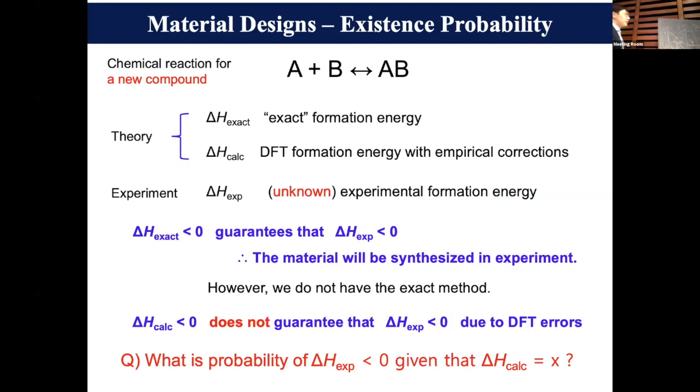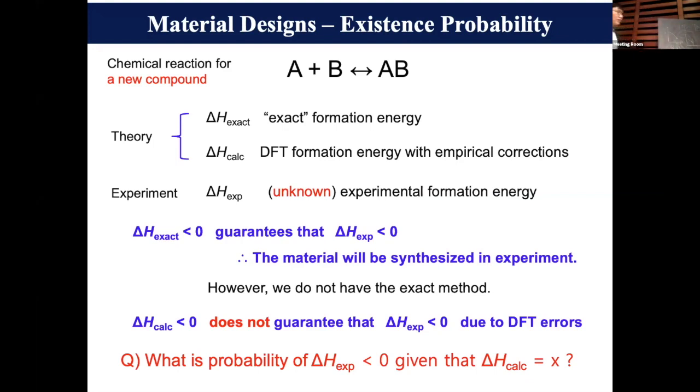However, the problem is that we do not have the exact method. So the alternative way is to estimate the formation energy within the DFT method along with the empirical correction. However, due to the DFT error, as shown before, a DFT formation energy smaller than 0 does not guarantee a negative experimental formation energy.